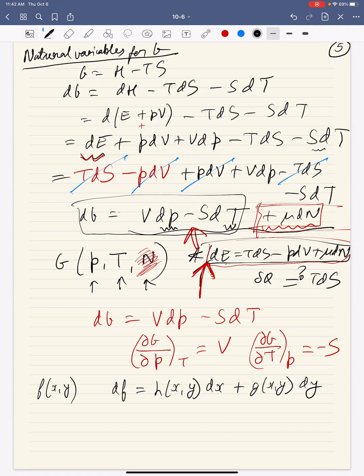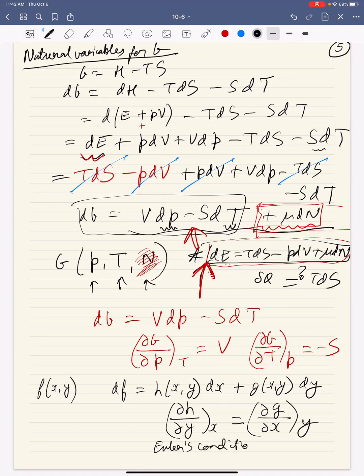It's the Euler relation. The Euler relation says that partial h by partial y at constant x must be equal to partial g by partial x at constant y. Otherwise, it won't be true. Otherwise, it won't be a total derivative. So this is Euler's condition for the existence of a total derivative.